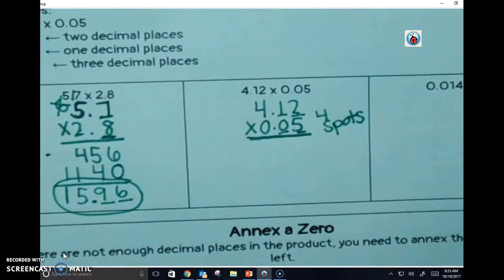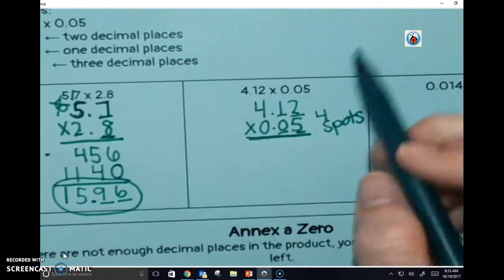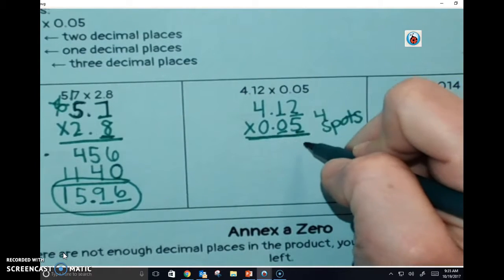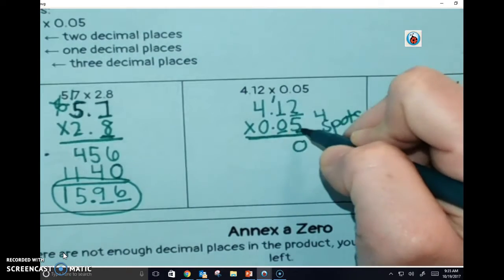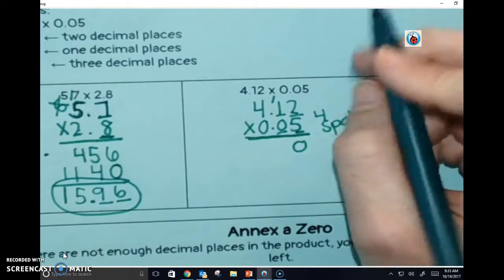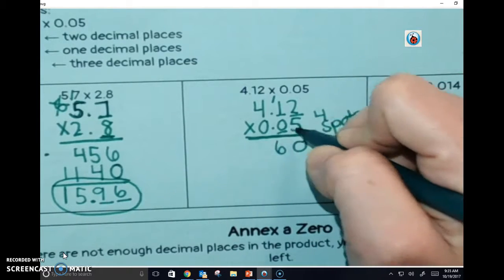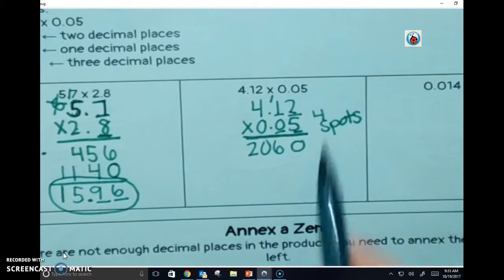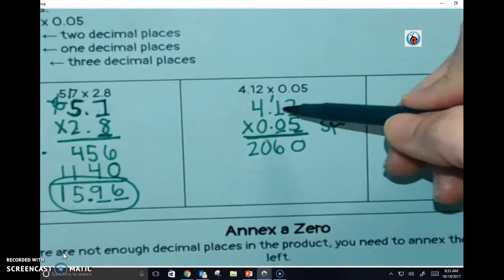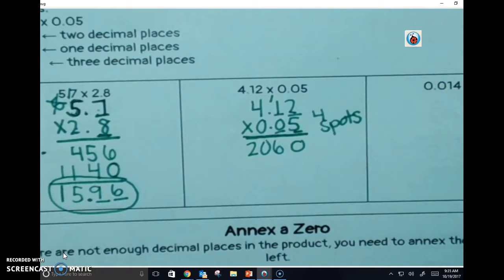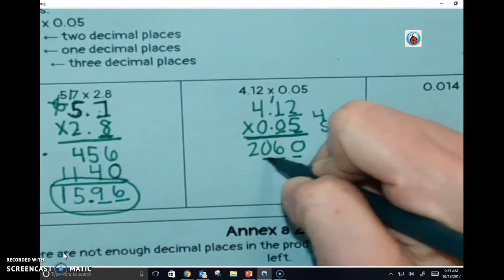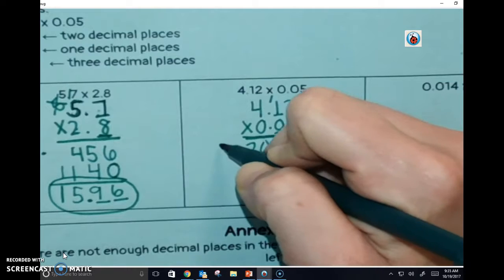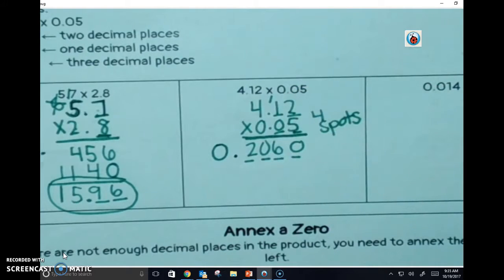So I'm going to act just like it's 42 times 5. So 2 times 5 is 10. 5 times 4 plus 1 is 21. Okay. And Nolan said we have 4 spots because there's 4 spots up here behind the decimal. So 1, 2, 3, 4. Add a 0, or you can put it there. Yeah, just like that.